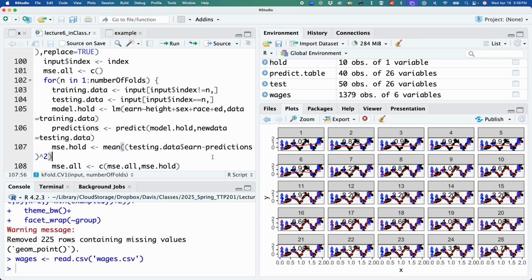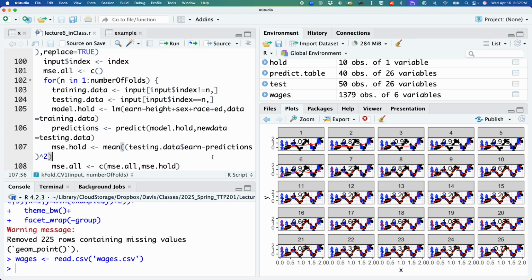So when I first do it, mse.all contains nothing. And then once I go through the first loop, I redefine mse.all as the original mse.all, which is nothing, and that first MSE that I made. So when I go through the first time, suddenly that container will contain MSE k equals 1.